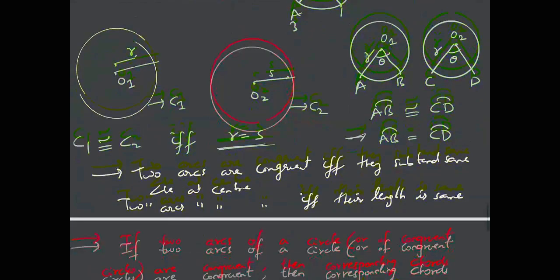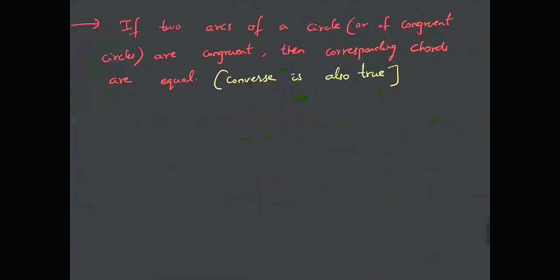If two arcs of a circle or of congruent circles are congruent, then corresponding chords are equal. Say these are two congruent circles. The center of this one is O1 and the center of this one is O2.